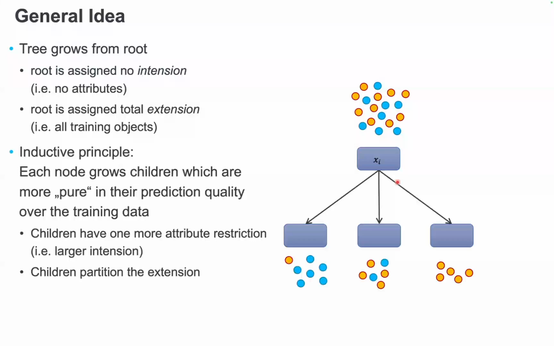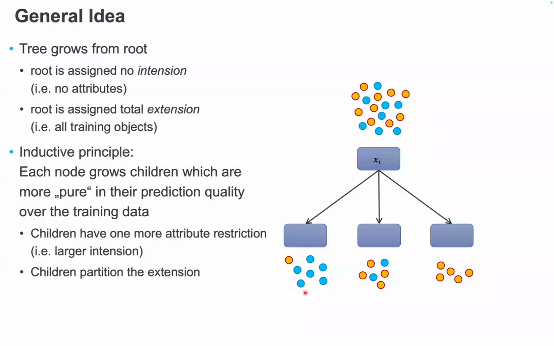And this splits this overall set of objects, in this example here, into 3 different sets. Now here I do quite well, because you see the rightmost child has only objects from one particular class. So I have a very pure set here, where before it was a very mixed bag.